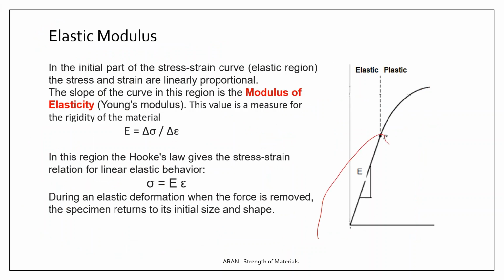The initial part of the stress-strain curve is called the elastic region. Here, the stress and strain are linearly proportional, and you can calculate the slope of this curve by delta sigma over delta epsilon and call it modulus of elasticity or Young's modulus.